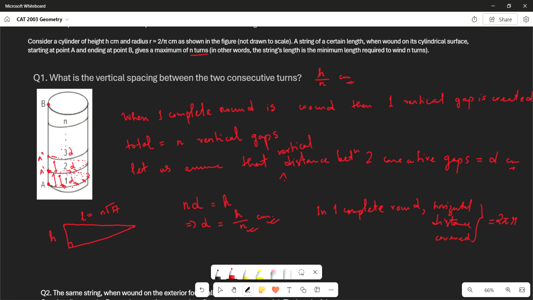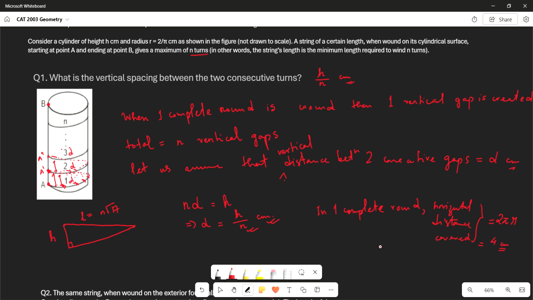From here it will cover a distance like this, but I am only concerned about the horizontal distance, right? This is making one complete round from here and then again coming back to this point. So it will cover a horizontal distance of 2 pi r, where r is given as 2 by pi, so this will be 4 centimeters. In one complete round, horizontal distance covered is 4.